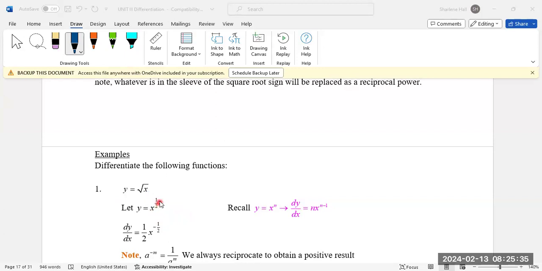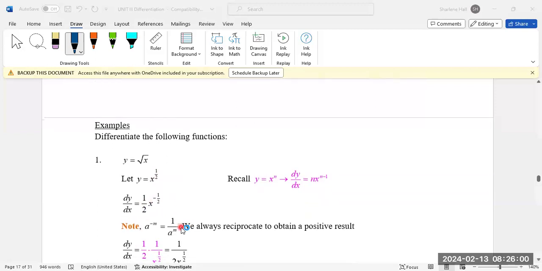This 1/2 is multiplying in front of this x to give me this 1/2, and then I'm going to subtract 1 from the power. So a half minus 1 is going to equal negative a half. Do you understand that? Can you see that? Yes, sir.